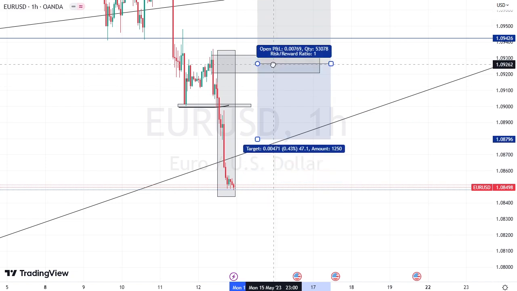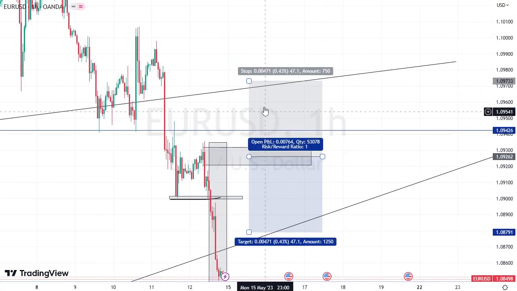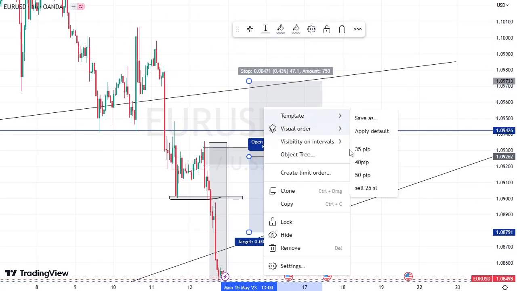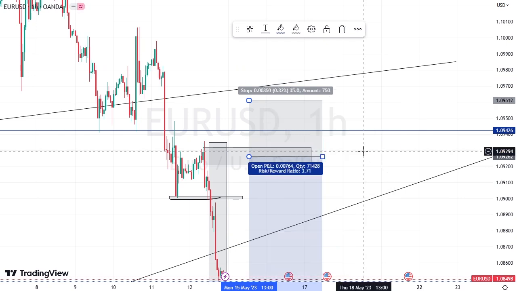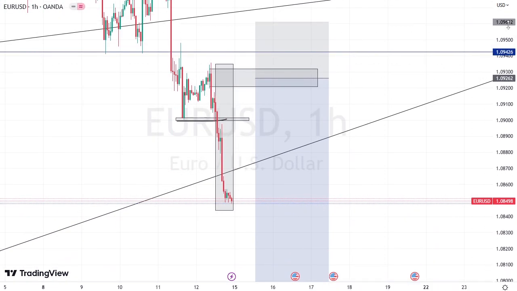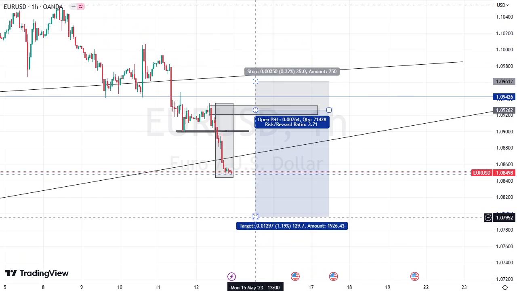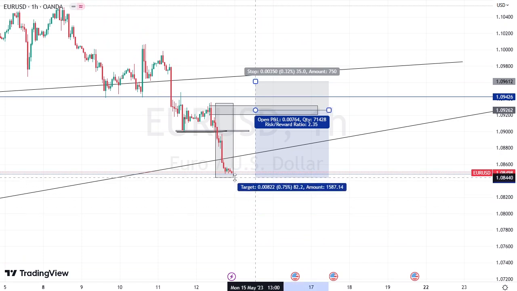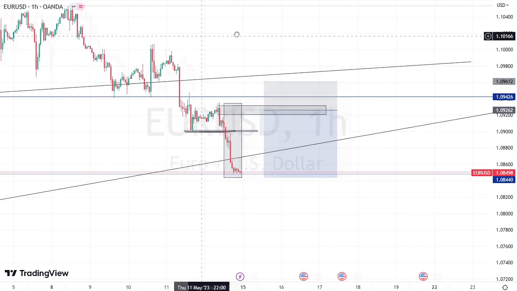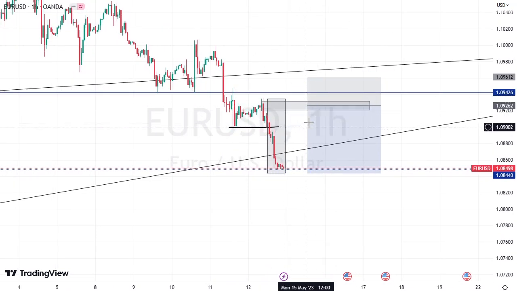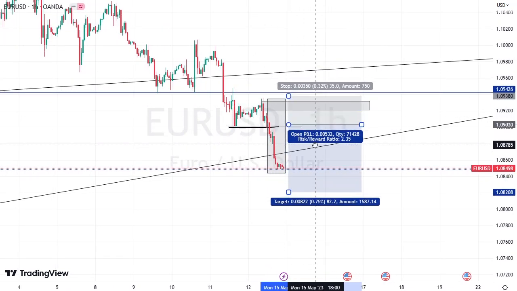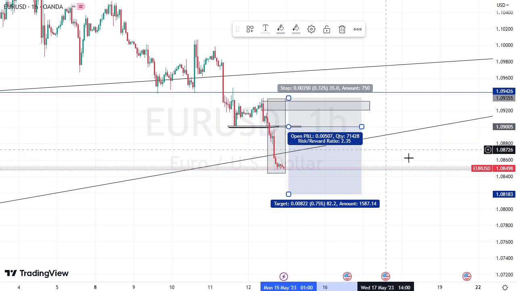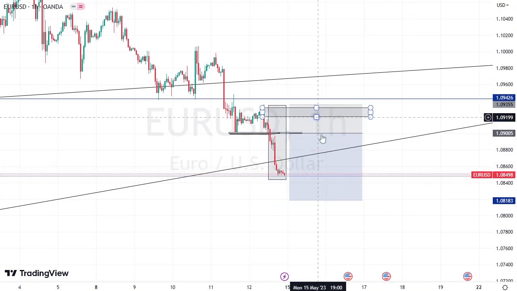So I will be entering here with, we can say, 35 pip stop loss, then the same height of the trade. Or here, if it retraces to that level, then we're trading what?